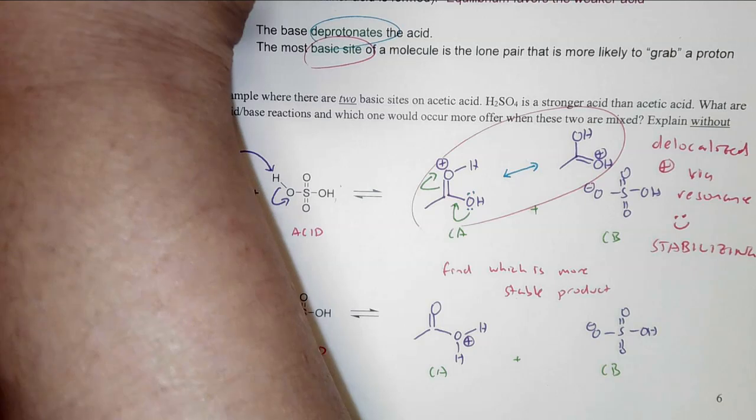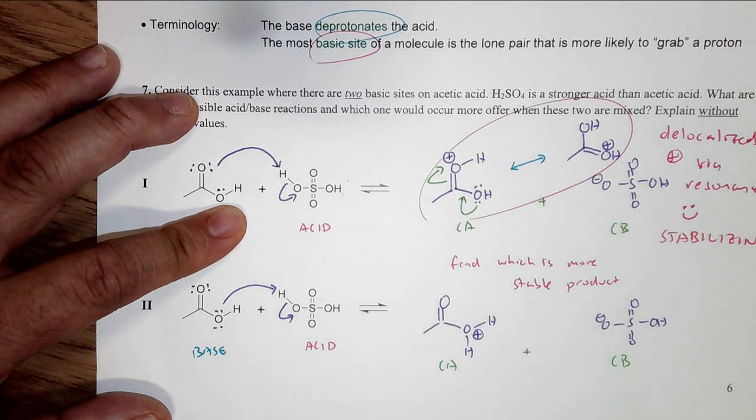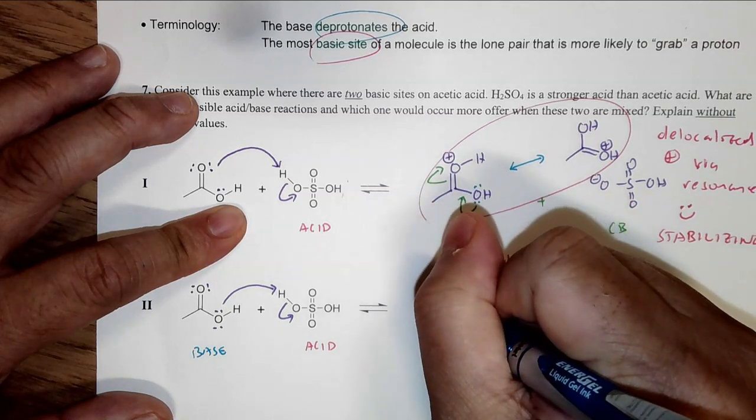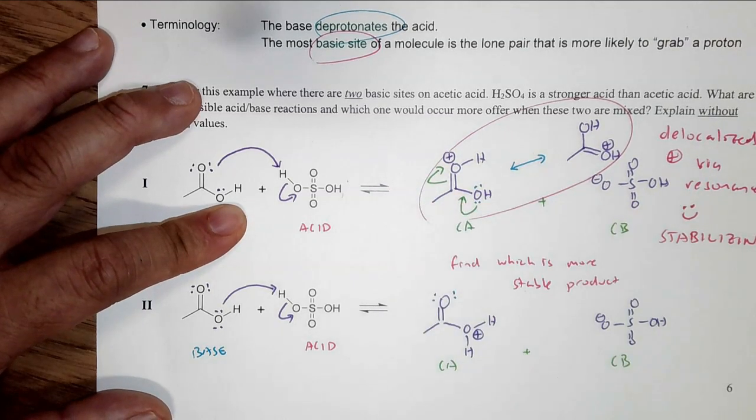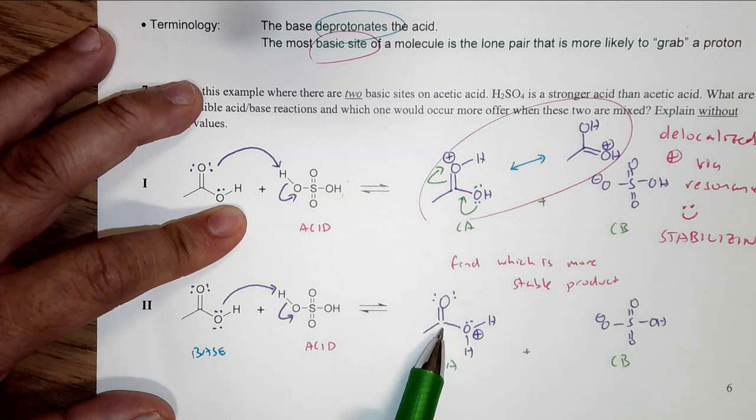Some of you probably are asking, can we double check this? Yeah. Let's see if this has any resonance. You know, this has a lone pair here. Think about it. If I move the lone pair here, what's that oxygen going to be? That oxygen's going to have a double bond right here.